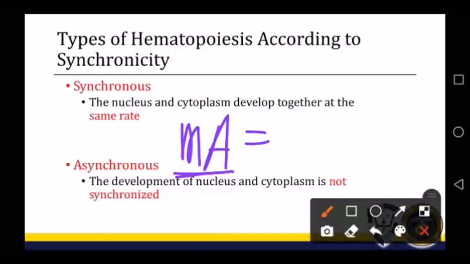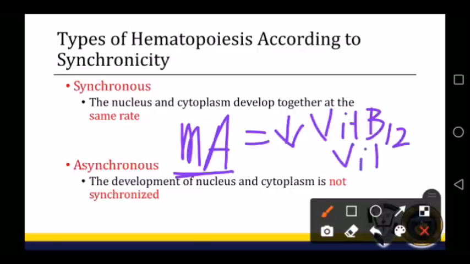In megaloblastic anemia, there is a deficiency of vitamin B12. In other cases, vitamin B9 is low. These two vitamins are needed for the nuclear maturation of cells in the bone marrow. Therefore, if these two vitamins are lacking, nuclear maturation is delayed.